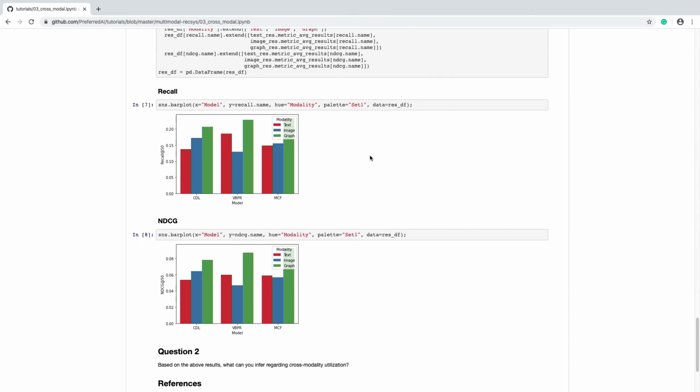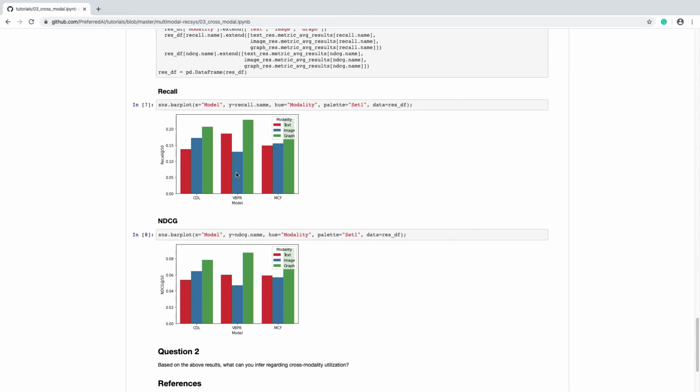Now, one other thing that we may notice, for example, is that if we take VBPR in recall here, then it's doing much better with text than with image, even though initially it was introduced to integrate image features into the model. But luckily, as I mentioned, there is nothing preventing you in Cornac from using this model with a different modality.